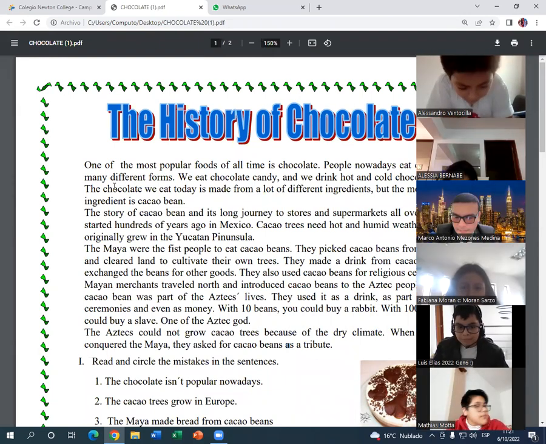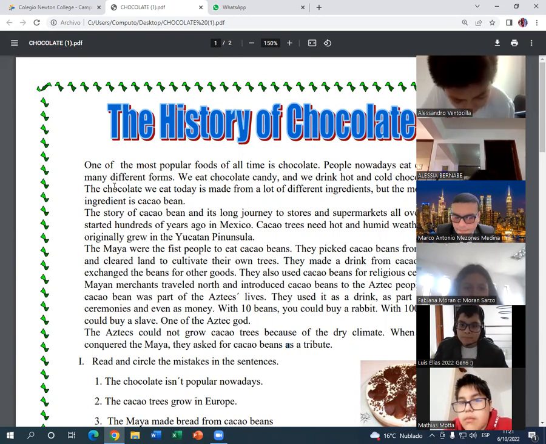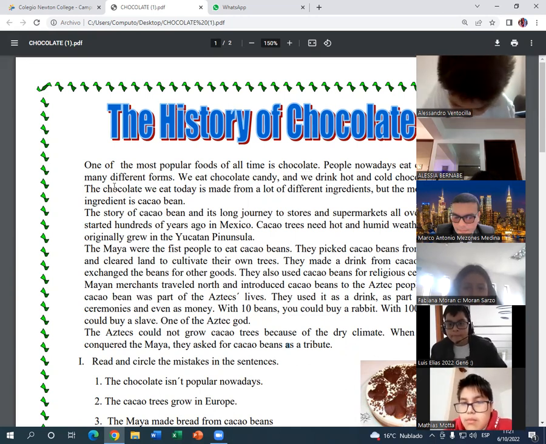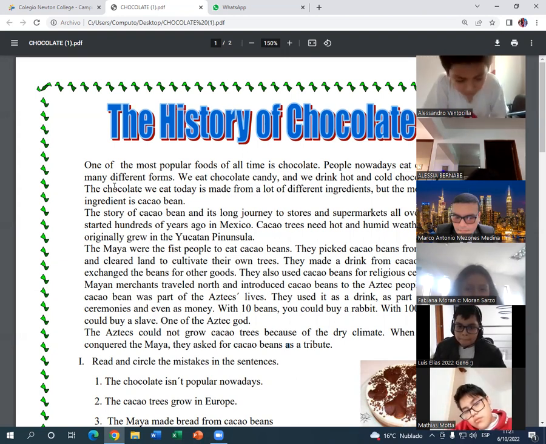One of the most popular foods of all time is chocolate. People nowadays eat chocolate in many different forms. We eat chocolate candy and we drink hot and cold chocolate drinks. The chocolate we eat today is made from a lot of different ingredients, but the most important ingredient is cacao bean.